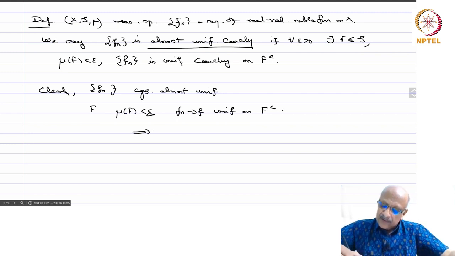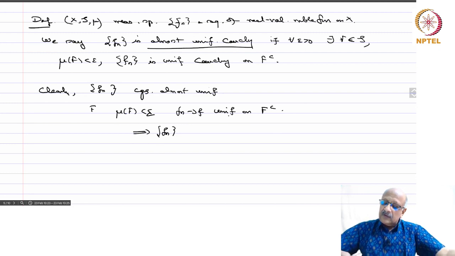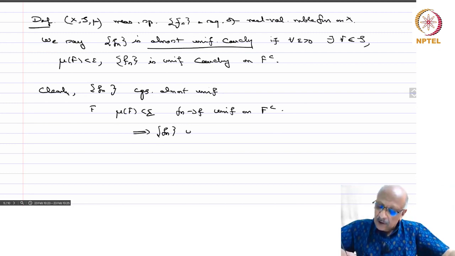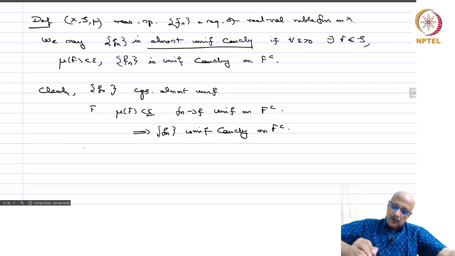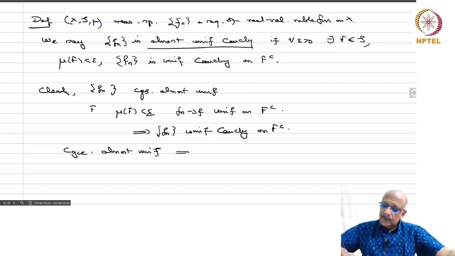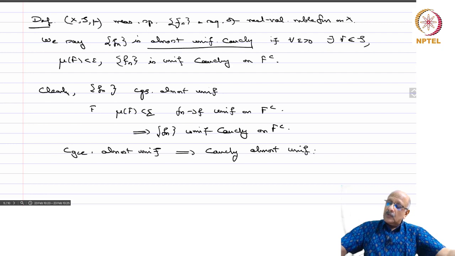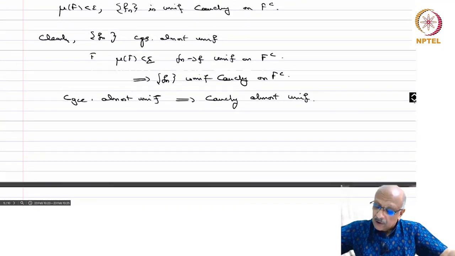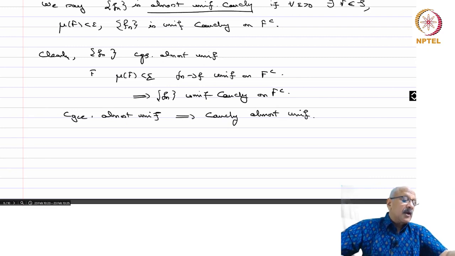This implies f_n, since it converges uniformly, is uniformly Cauchy on F complement. So convergence almost uniformly implies almost uniformly Cauchy. So we want to know about the converse. Suppose you have a sequence which is Cauchy almost uniformly, is it going to be convergent almost uniformly?